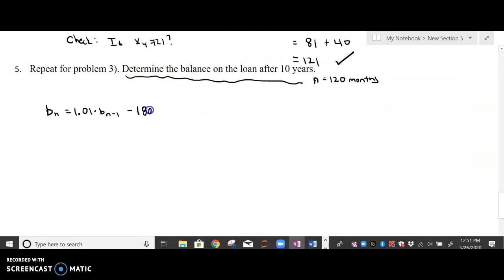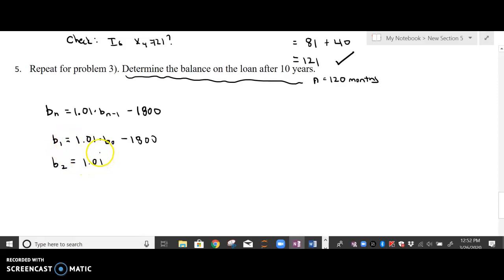And we're going to do the same process of the method of iteration. So the method of iteration says start by listing a few terms and looking for the pattern. So the balance after 1 month is 1.01 times the initial balance minus the 1,800. Now to get b sub 2, that's going to be 1.01.